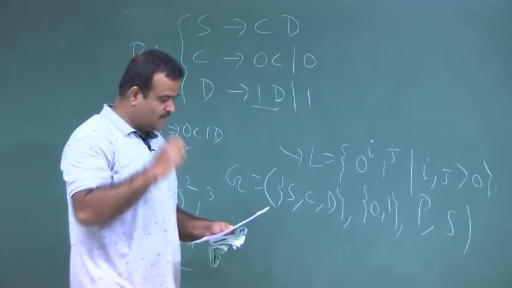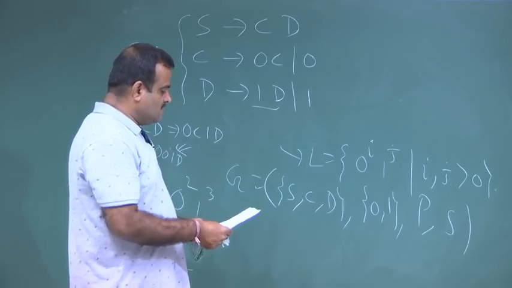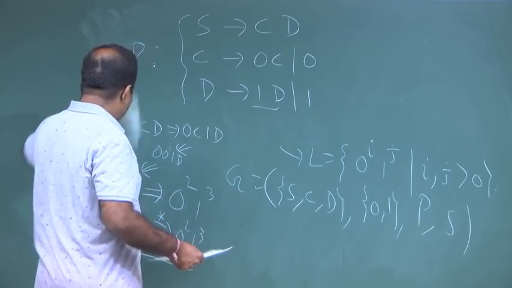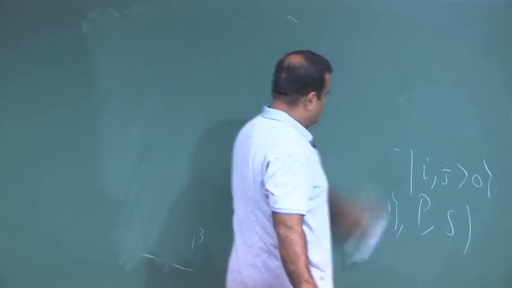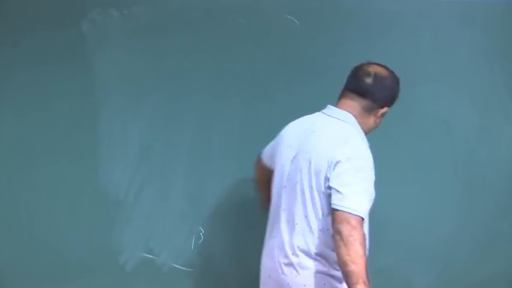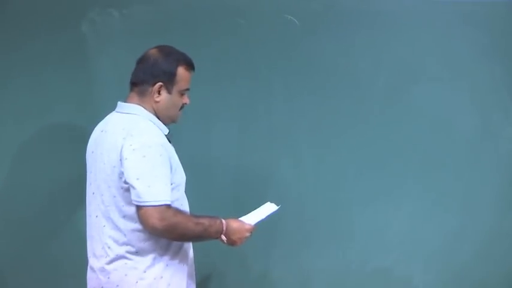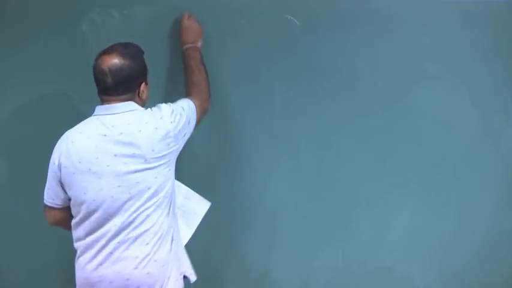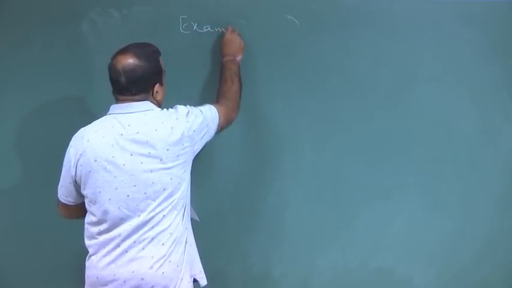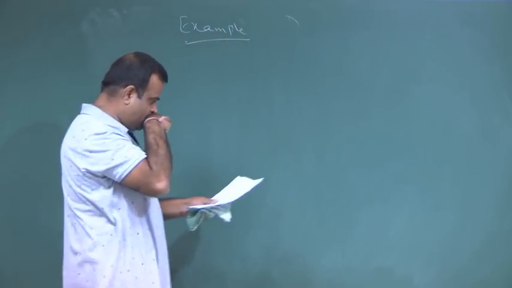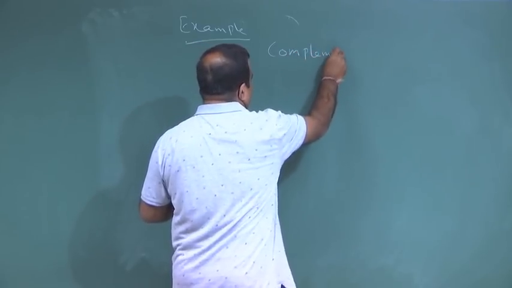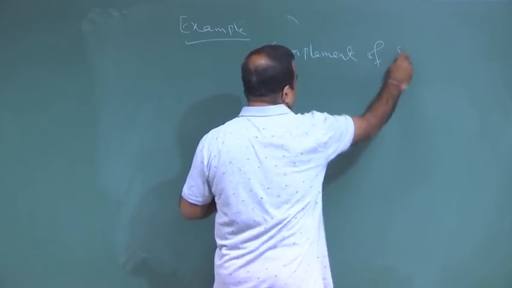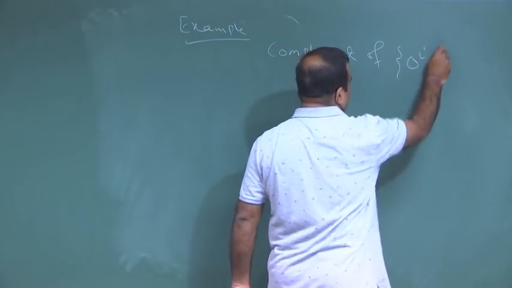Now, we want to get a context free grammar for the complement of this language, 0 to the power i, 1 to the power j.